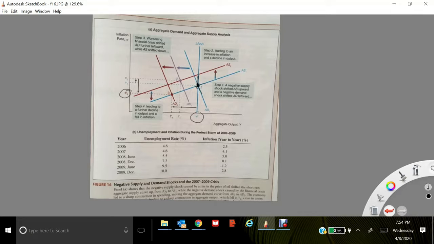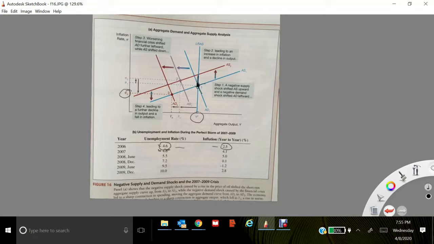So let's say 2006, 2007. Right, say 2006. Nice unemployment, nice inflation, right? Low levels of both. That, of course, low level of unemployment means high level of output.